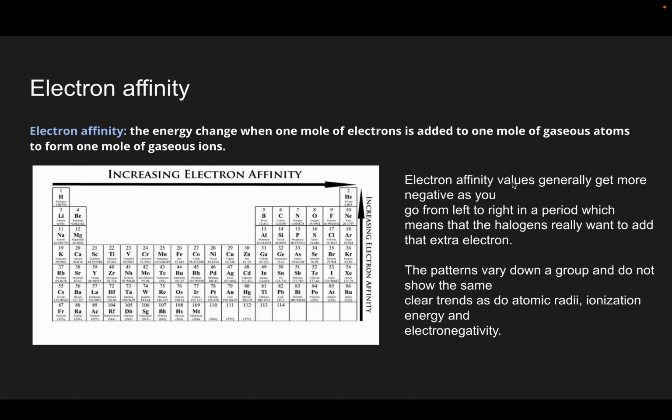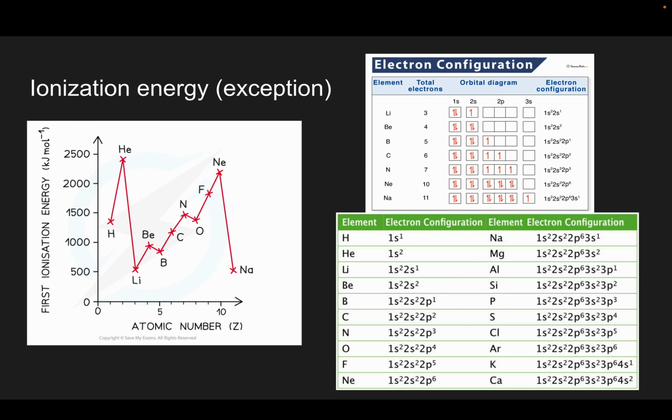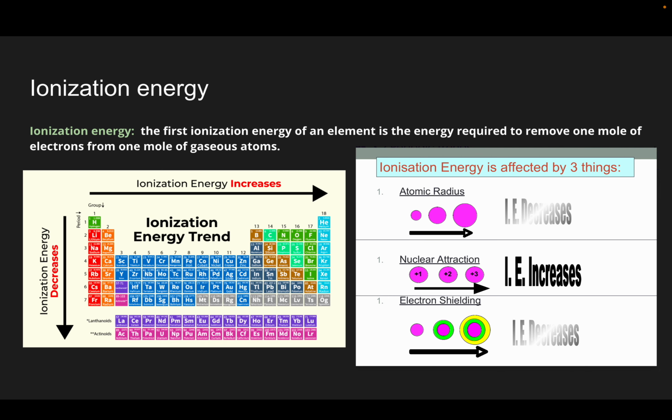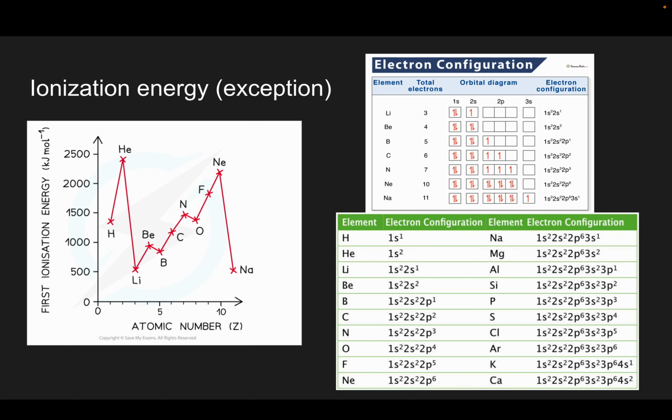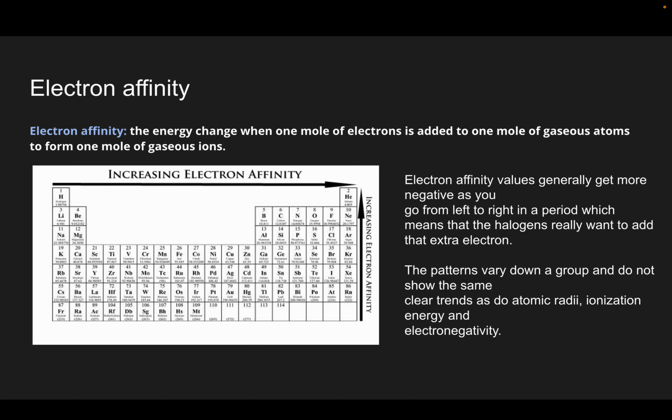And the next one is electron affinity. The definition is the energy change when 1 mole of electrons is added to 1 mole of gaseous atoms to form 1 mole of gaseous ions. So actually the definition is pretty similar to the ionization energy definition.